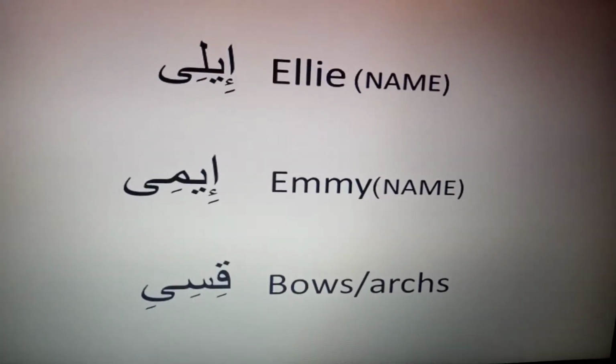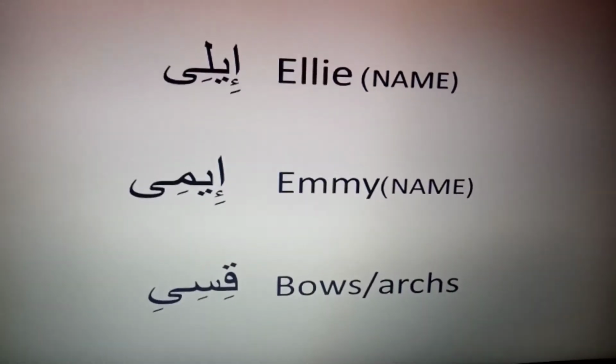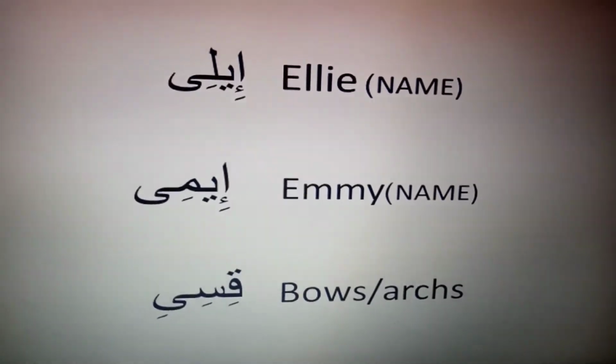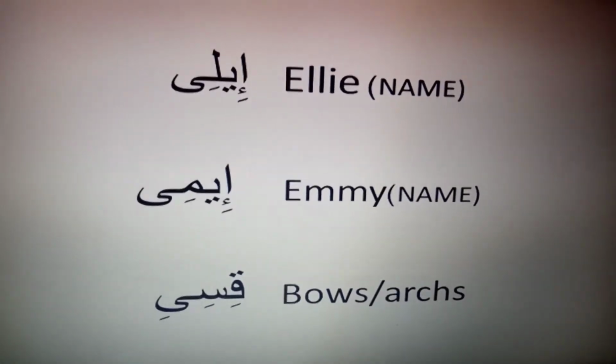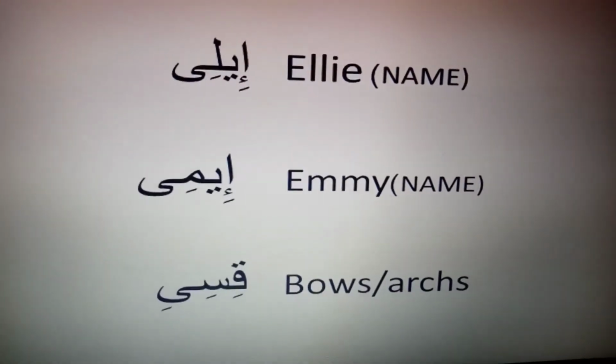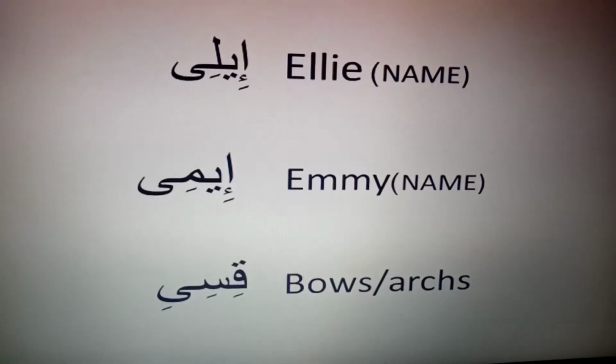So the letter ya is written in these two ways, and you know that the letter ya is a long vowel, so we don't put a kasra below it, because the letter ya is the letter from which the kasra is derived. So it's a long kasra.